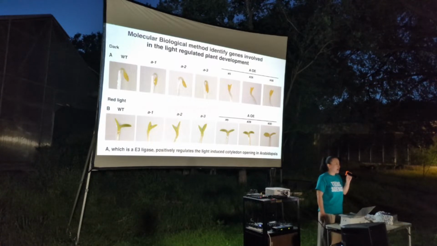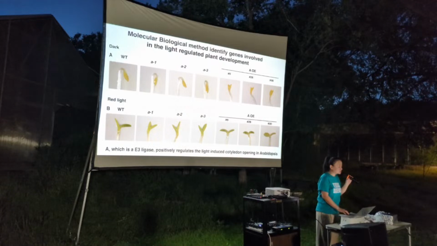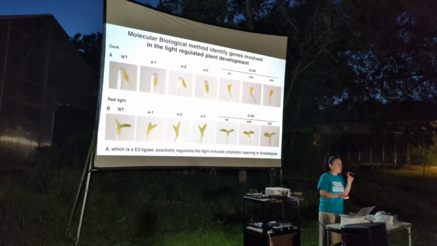So here, I take the A gene as an example. Under dark, you can see here is the wild type, with no changes for this kind of plants. But for A-1, A-2, and A-3, actually we take out this A gene, so in those plants, there is no A gene.